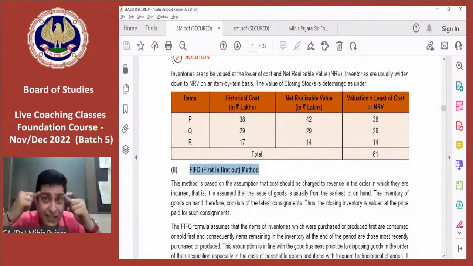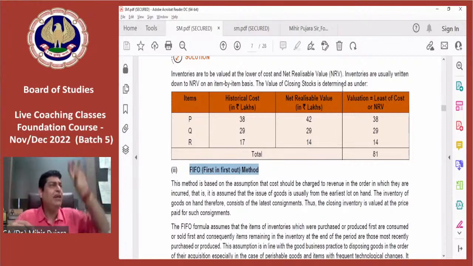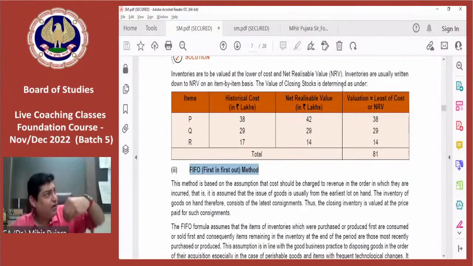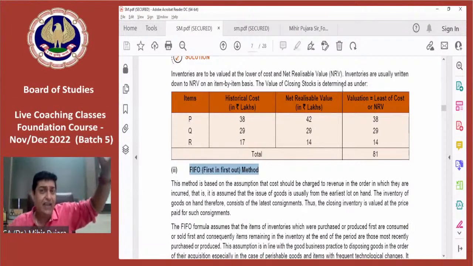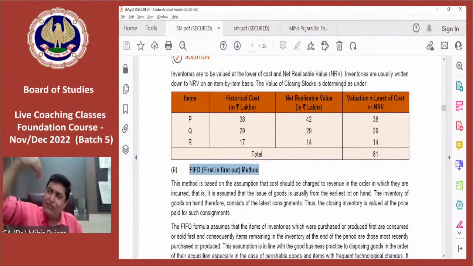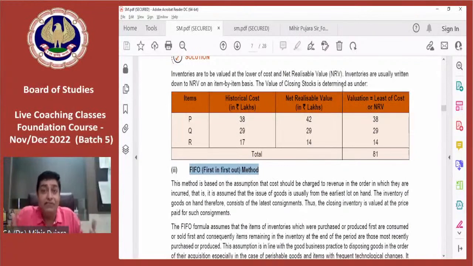So sir, if we are issuing, the first issue will be of 1st July, the second issue will be of 10th July. And if there is no issue after this, then my closing stock will contain the latest units, because पुराने वाले मैंने बेच दिए, फर्स्ट वाला बेच दिया, 10th वाला बेच दिया, तो जो स्टॉक में बचा वो 15th वाला बचा.